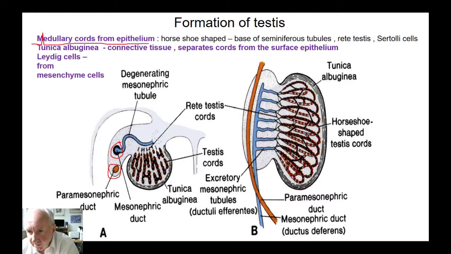They will be horseshoe-shaped, later seen, and the cells will completely get away from the surface, and the connective tissue forming here slowly and steadily forms the tunica albuginea. So the tunica albuginea separates these horseshoe-shaped medullary cords, which will be the basis for the seminiferous tubules later, from the surface epithelium. So here you see nicely the horseshoe-shaped medullary cords in the developing testis now.